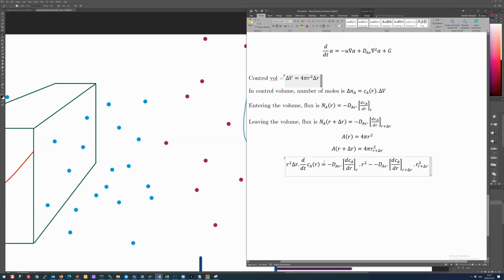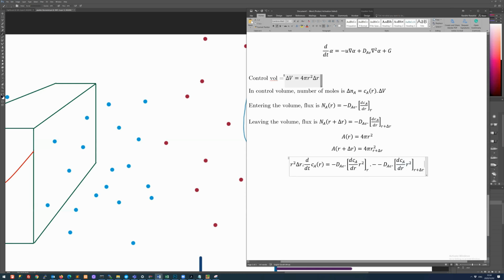And now we can take the same approach. We can say this is a trivial function in r, so that's r at r, and so we can write that there. And then we can see this function is evaluated at r plus delta r, so we can also say r squared there is the same as that.